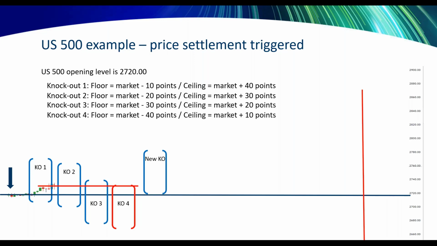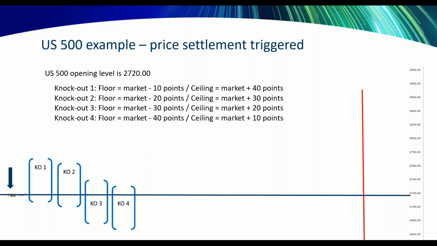Let's go through an example if it were to go lower. So here's the same situation. We've got those 4 different knockouts. And notice that the floor on knockout number 1 is only down 10 points. And here we look at the S&P 500, and it starts trading lower. And of course, since that's the highest floor, knockout number 1, we just touched the bottom floor.